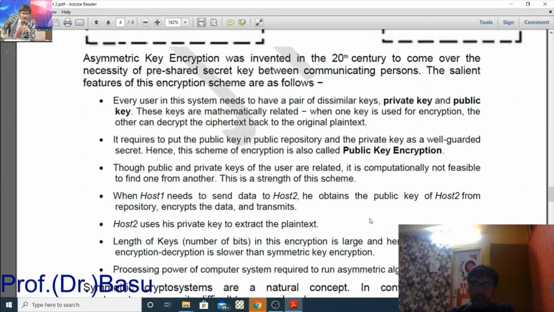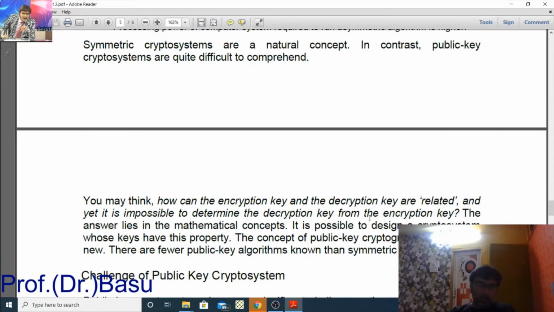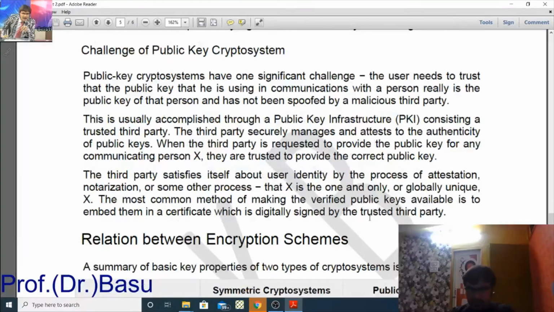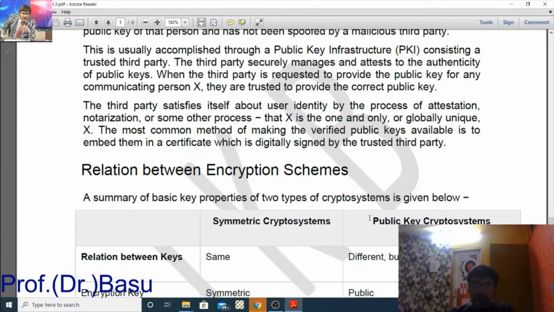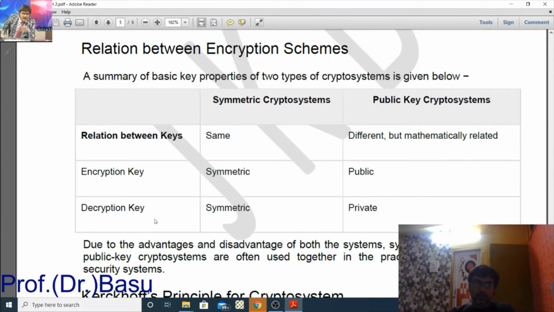Very easy. Once you go through the several points, you will be able to answer. The challenge of the public key system: you will go through the relation between encryption and decryption.